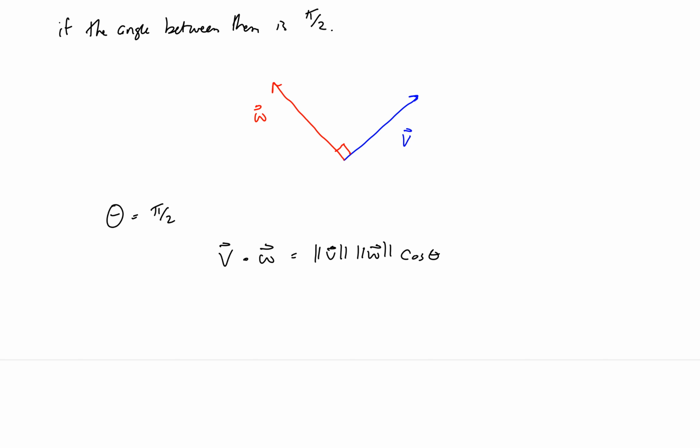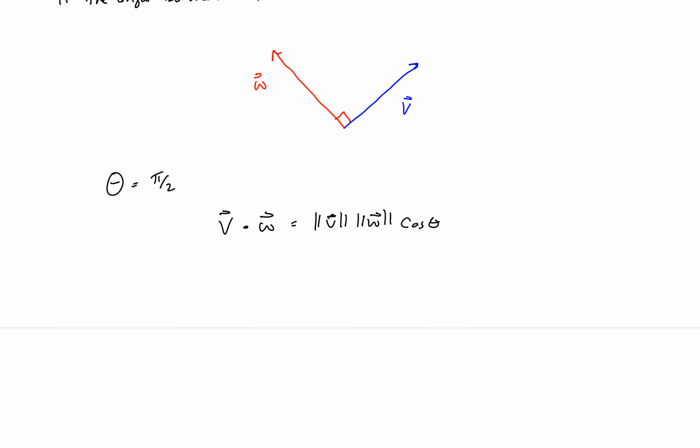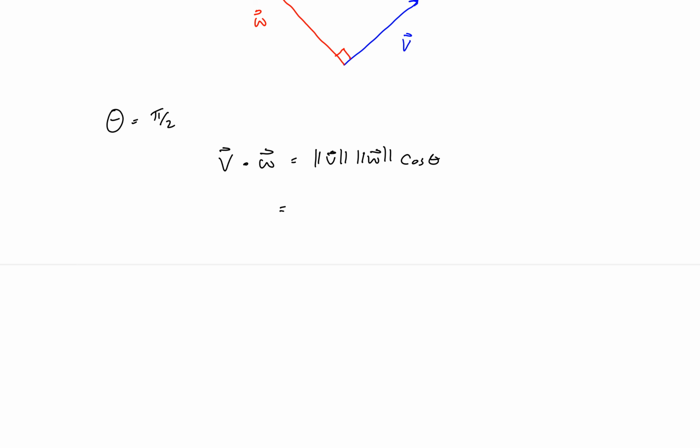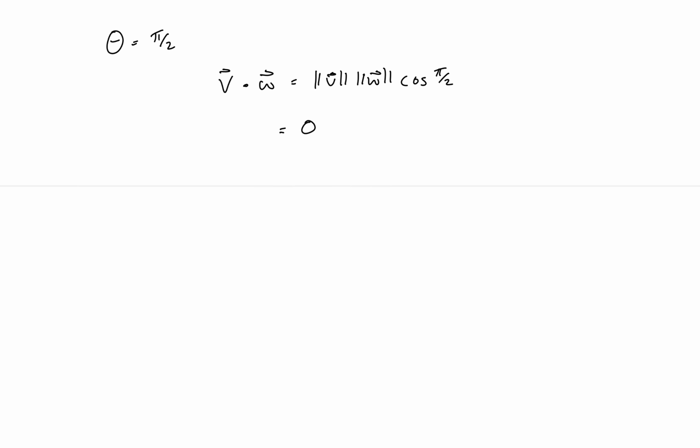So as long as v and w are not the zero vector, this is the same thing as saying, well, cosine of pi over 2, so let's replace the theta there with pi over 2, well, that's 0. So this is 0. And the only way the right-hand side there can be 0 is if the angle is pi over 2.